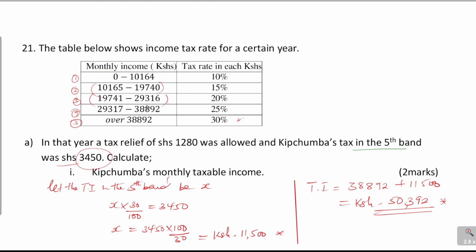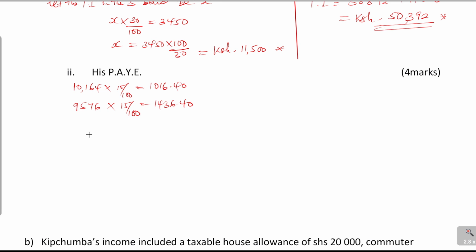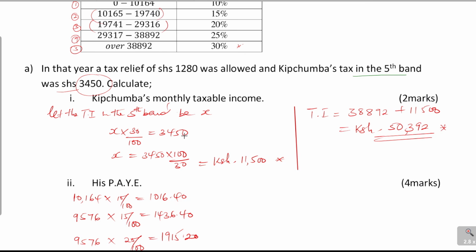So that band, the taxable income, we get it by taking 29,316, subtract 19,740, and that one gives the same amount, 9,576. That band is taxed at the rate of 20%, and this gives 1915.20. Remember, we shall go up to the fifth band.